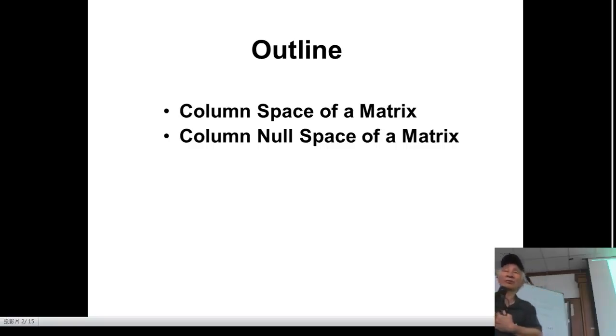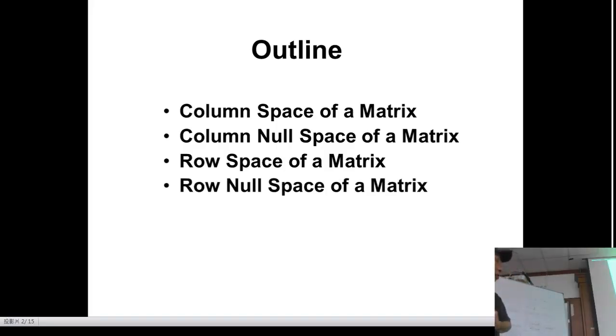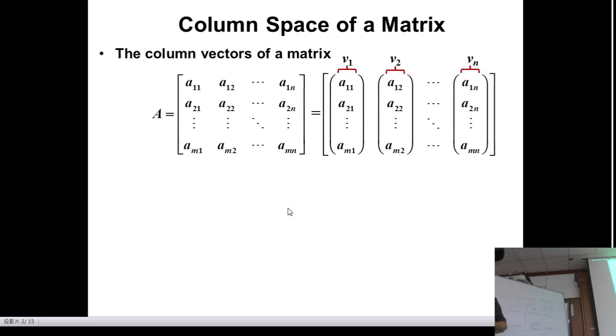So I'm going to define what we mean by the null space of a matrix. There is the column null space of a matrix, and there is the row null space of a matrix. The concept. So I'm going to take this chance to introduce you to some of those concepts.